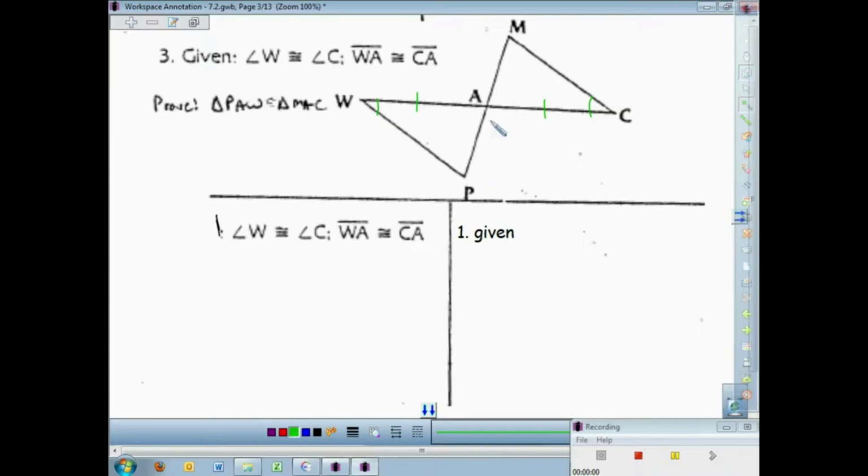There are no parallel lines, but I do have vertical angles, and I will mark them with 2 arc marks because I already have 1 arc mark used up, and then I will write them down. Angle WAP is congruent to angle CAM by the vertical angle theorem.